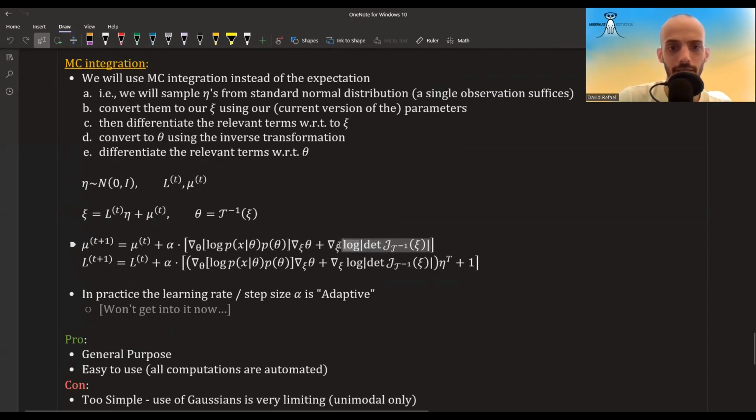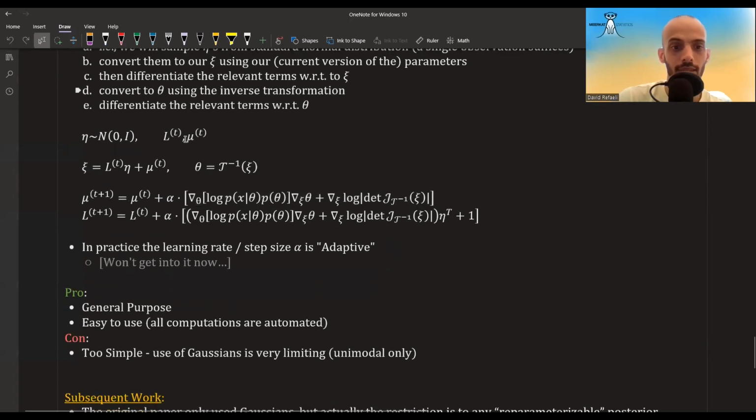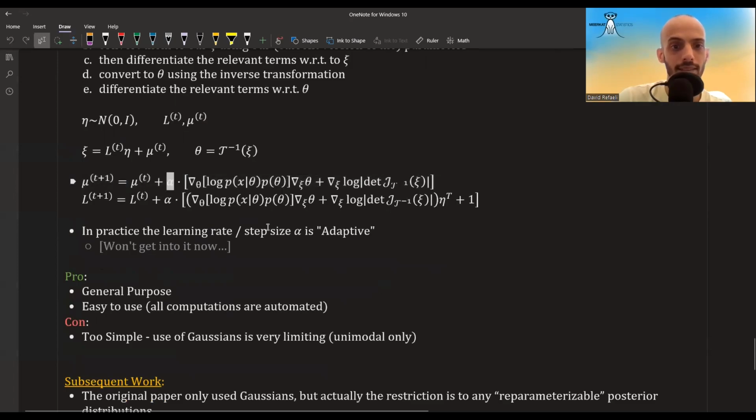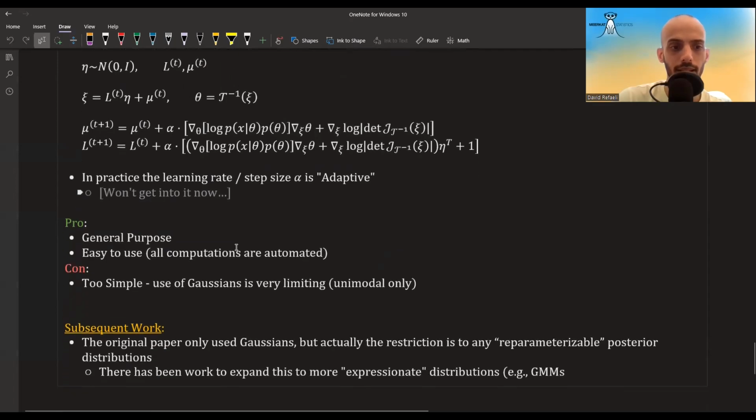We will take the derivative of that with regards to xi. We'll transform xi into theta using the inverse transformation, and then take the derivative of these quantities over here with regards to theta. This will be our gradient. We'll take this big of a step in that direction. And this is basically gradient descent, or stochastic gradient descent due to the MC integration. The step size is also adaptive. It depends on t, but I won't go into this right now.